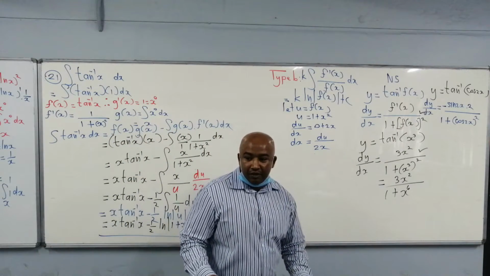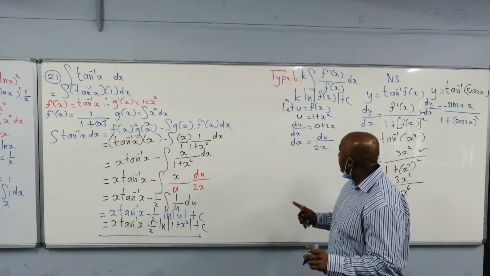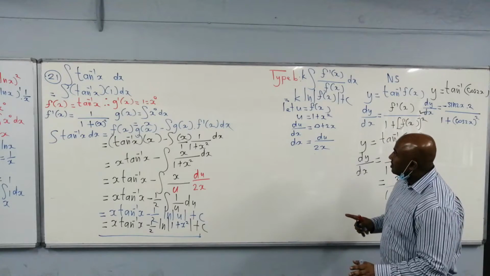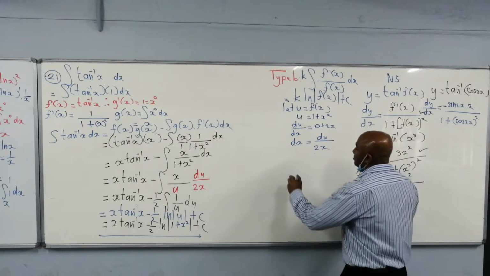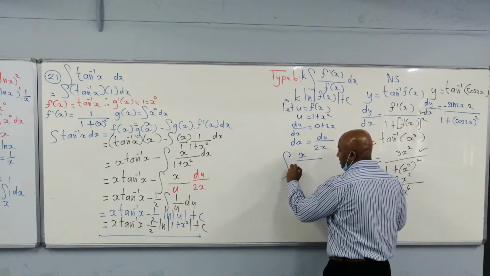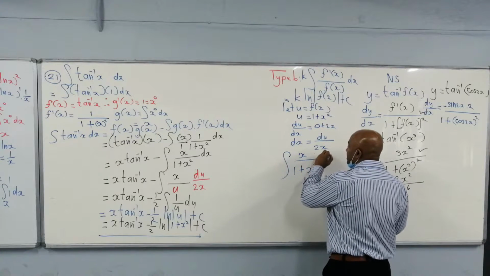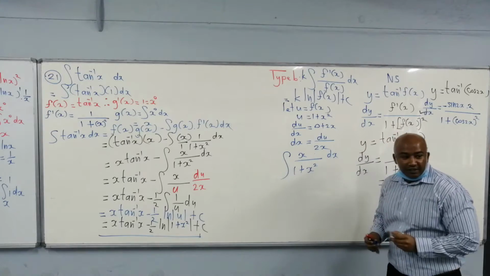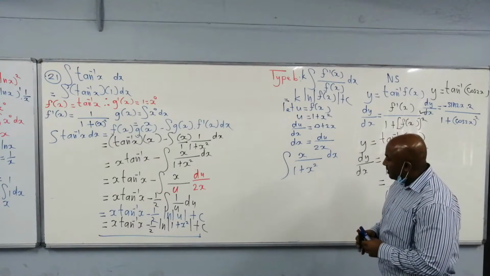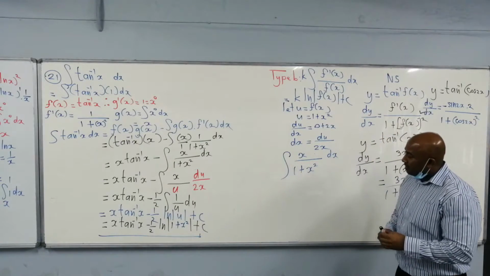Now, before you copy down, I'm just going to show you the other method here of doing it by inspection. Okay, so if I want to integrate this here, let's go back. For those of you who can understand this by inspection, very few people can actually do this. But watch now.